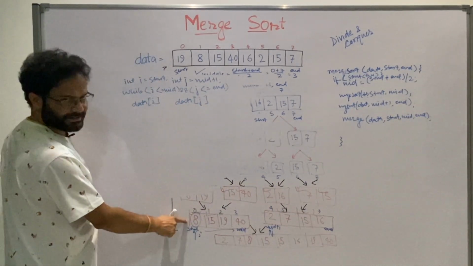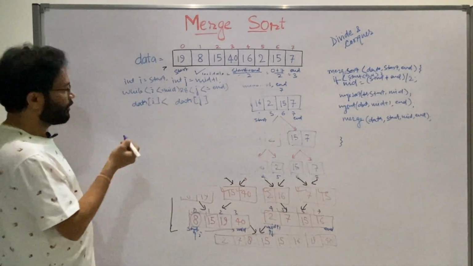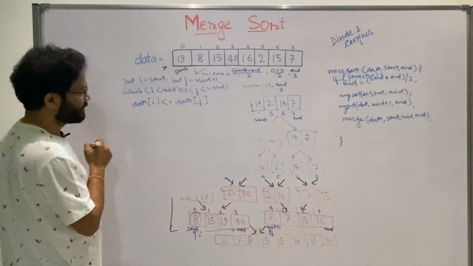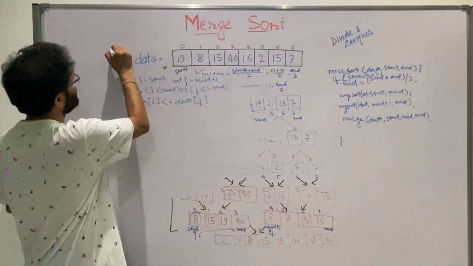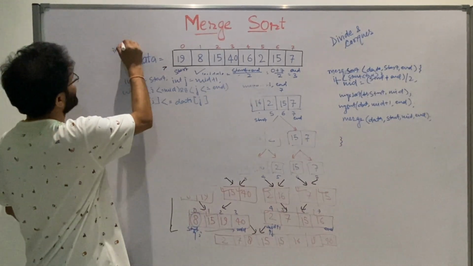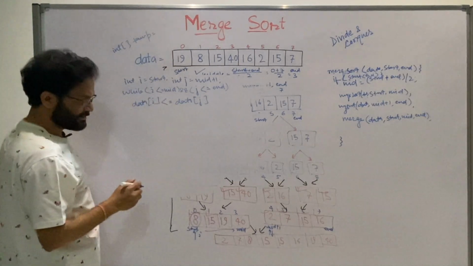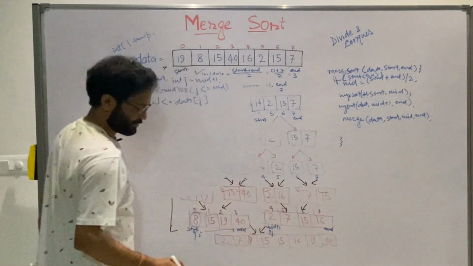If this is smaller or equal, I will create one temporary array of size this one plus this one.